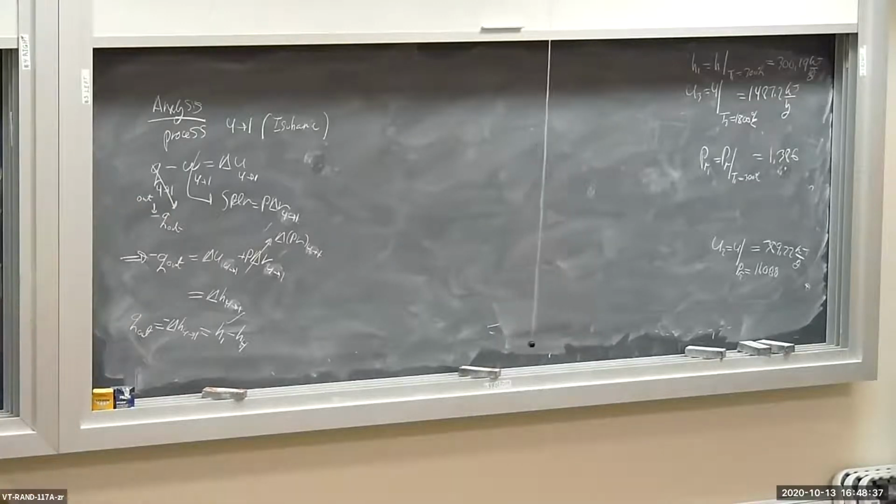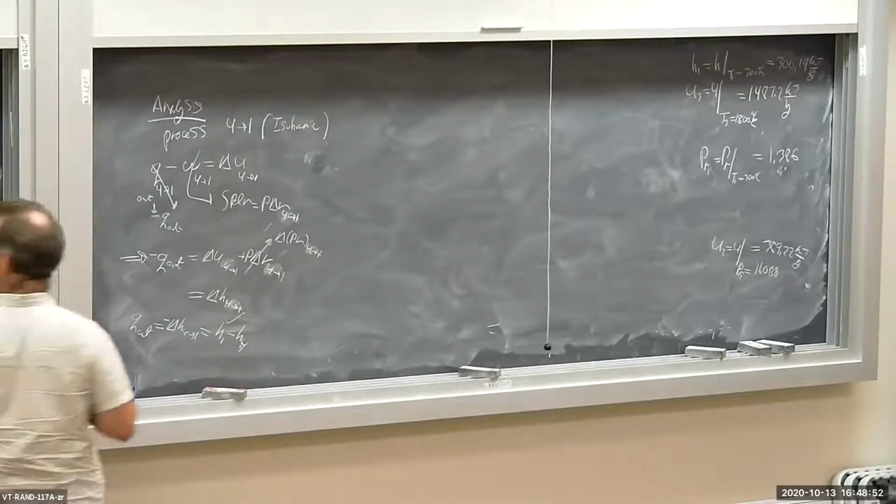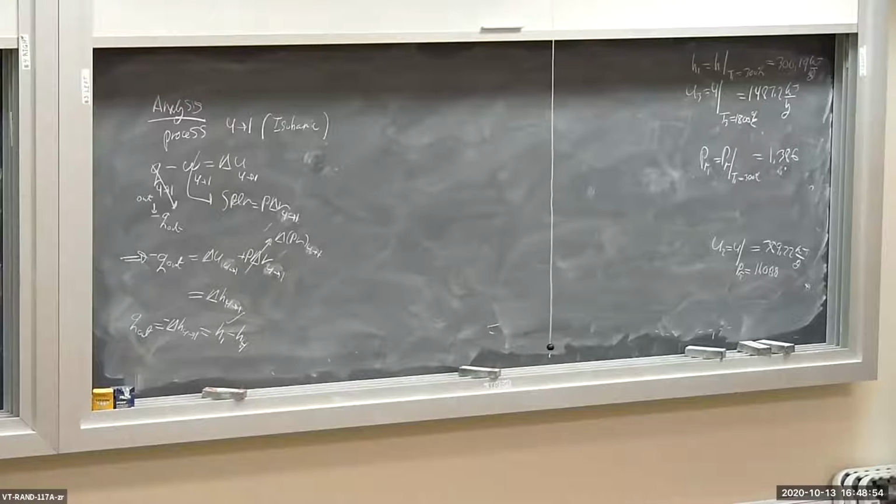Okay, I need to get H4, the specific enthalpy at state 4. Well, what do I know about the process from 3 to 4? I know it's an isentropic process.